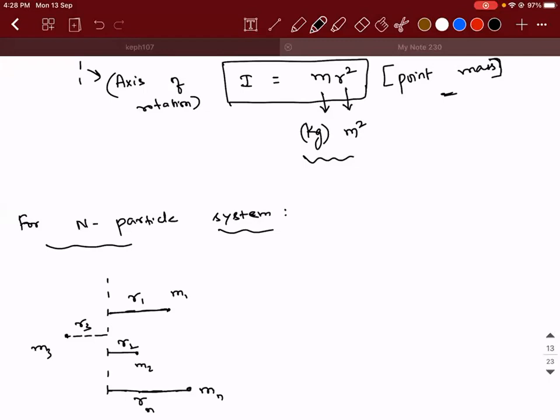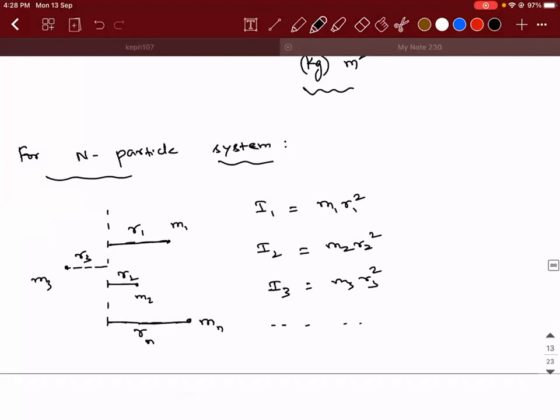Then the moment of inertia of each particle is going to be something like this: m1 r1 square, I2 will be m2 r2 square, I3 will be m3 r3 square. So on till, what will be the moment of inertia of the nth particle? It will be mn rn square.